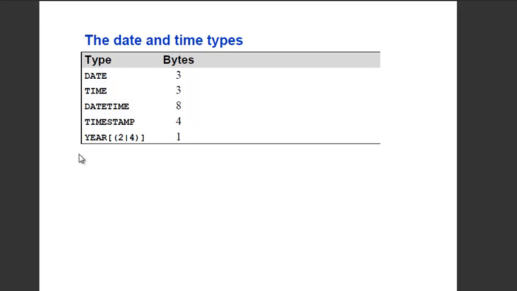Another type, besides the numeric types, is the date and time. So here are the examples, and these are really closely related to your implementation of the application side of the system.